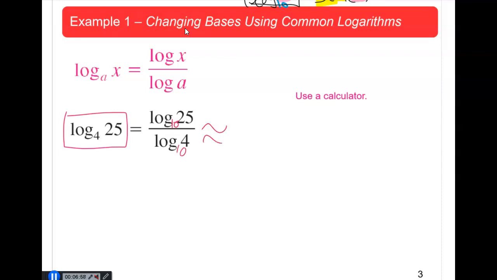So I enter that on the calculator, and what I get is approximately, and I'm going to round to the nearest ten-thousandth, so that will be 4 digits after the decimal point, 2.3.